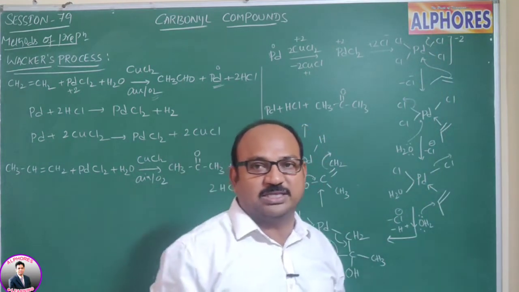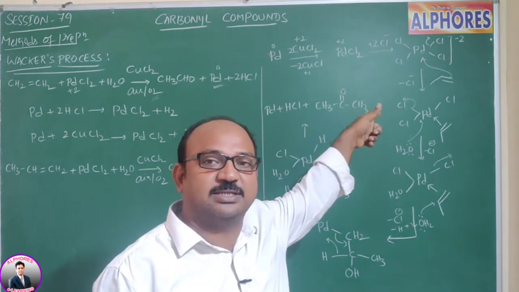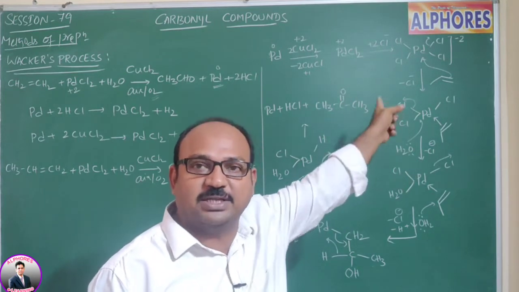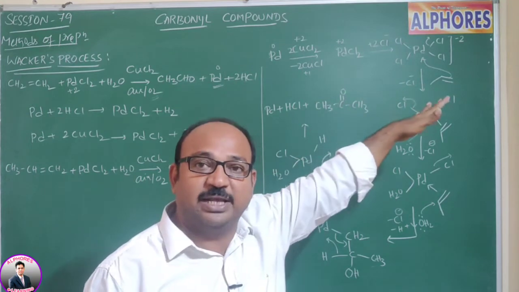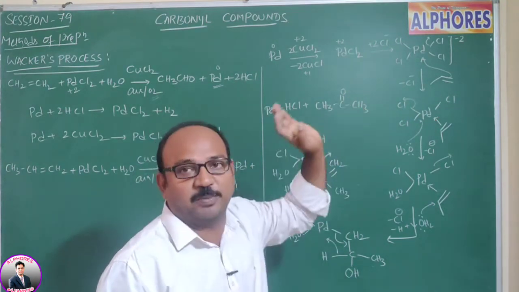As we know, the palladium coordination number is 4, and 4 ligands means 4 Cl minus ions act as the ligands. Now the alkene displaces one of the Cl minus.